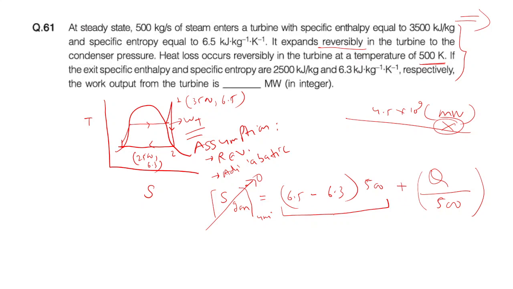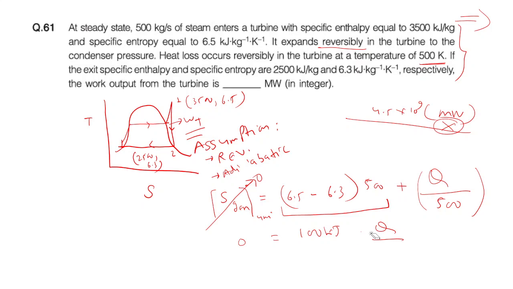How much is it coming? 0.2 into 500, that is 100 kilojoule, plus Q by 500.